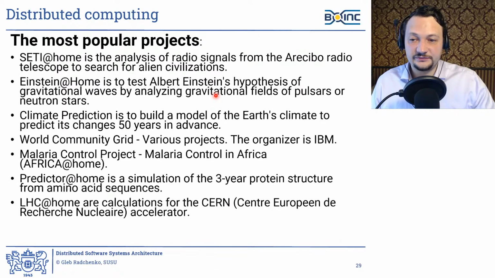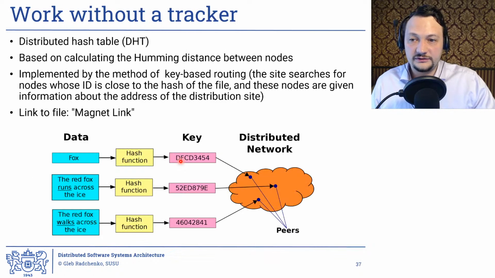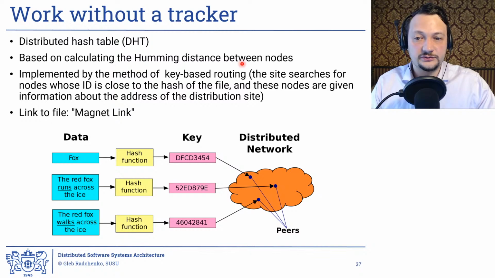So in the case of the BitTorrent network and the distributed hash table mechanism, this approach is implemented using the calculation of the Hamming distance between the nodes' IDs.